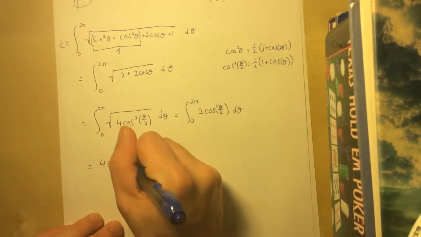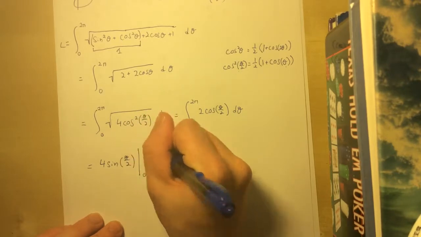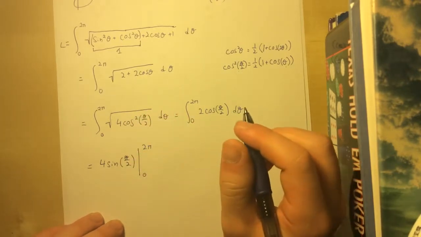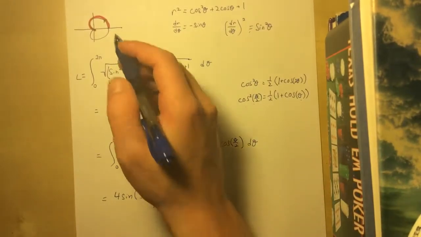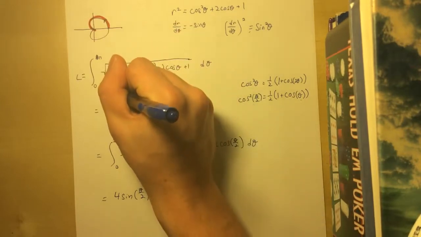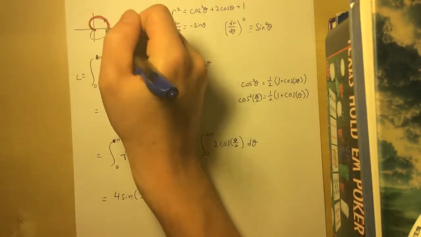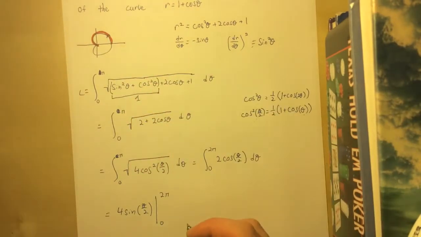Angle stays the same. Evaluate from 0 to 2 pi. I'm sorry. I had the limits wrong this whole time. Hope you guys noticed that. We're looking at only the top half, right? So that's from 0 to pi.